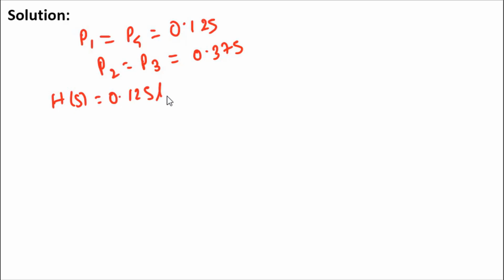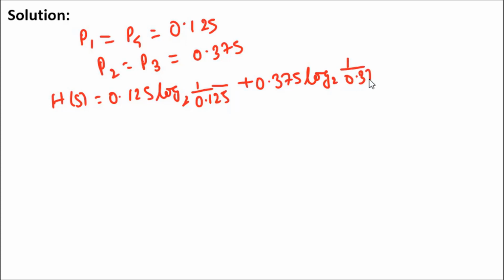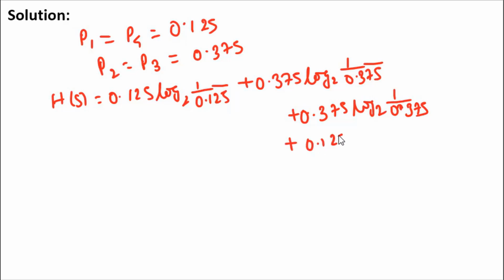0.125 times log base 2 of 1 over 0.125 plus 0.375 times log base 2 of 1 over 0.375 plus 0.375 log base 2 of 1 over 0.375 plus 0.125 log base 2 of 1 over 0.125.